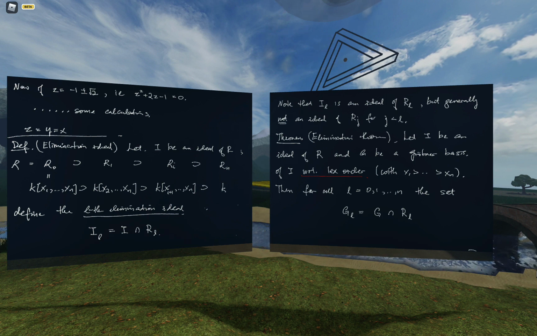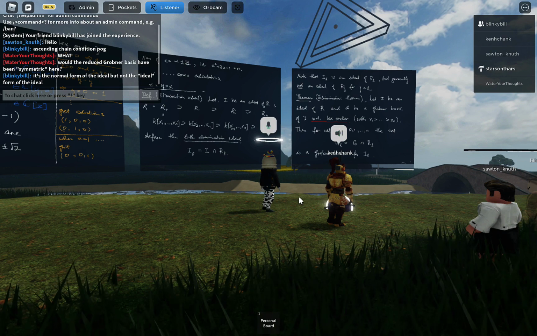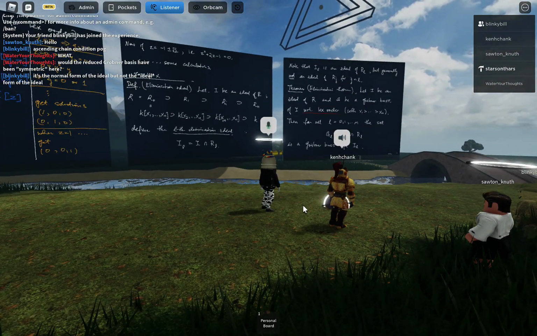This is a Grobner basis for IL, and this is IL as an ideal of RL. Okay, let's stare at this for a little bit, right? So what this means is that with respect to the Lex order as well.